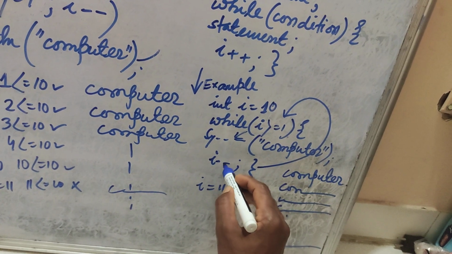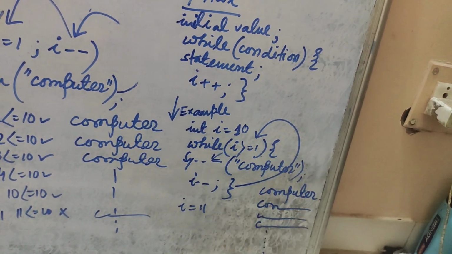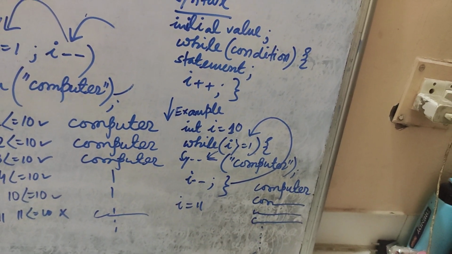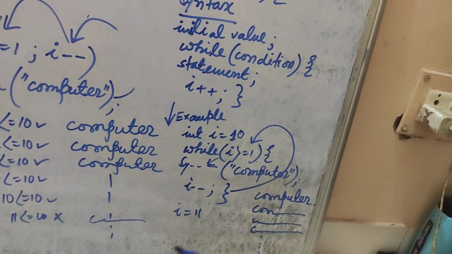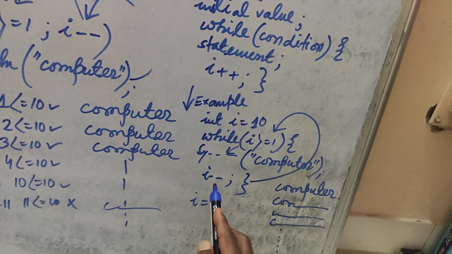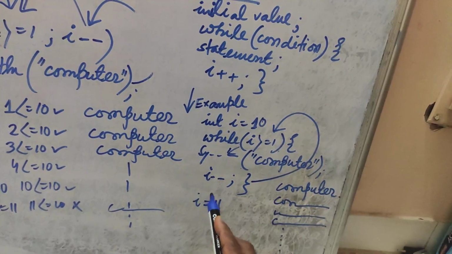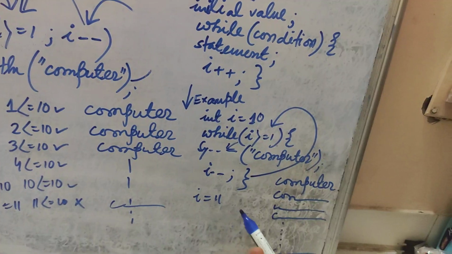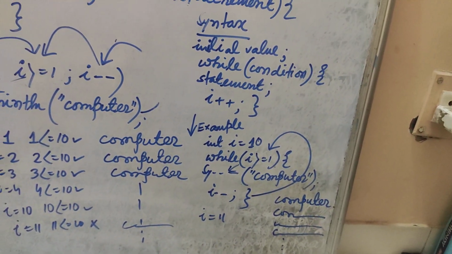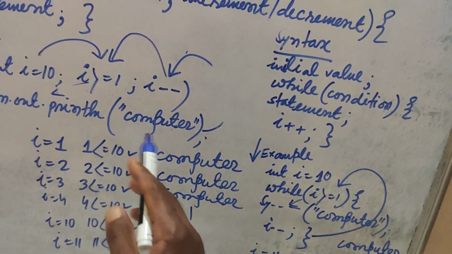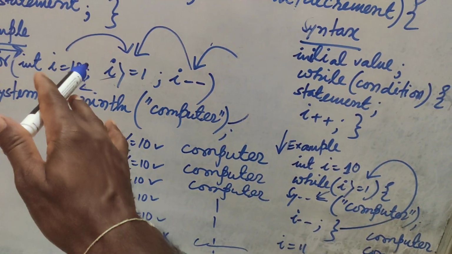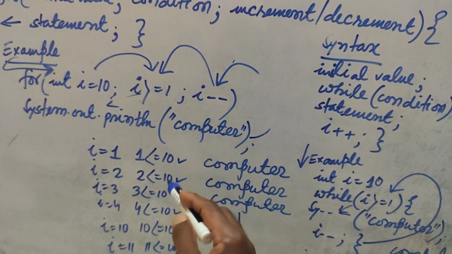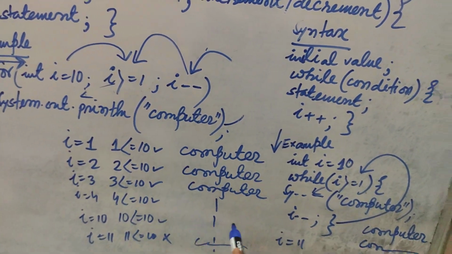So 100 to 50 will come. First you are taking 100, here you will give 50, minus you have to give. If you give I minus, it means I equal to I minus 1, same. Clear? So now this is entry control loop. So under the entry control, it displays 10 times.